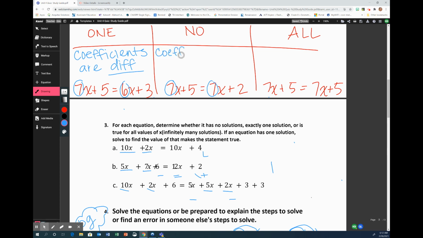Coefficients are the same, but constants are different. For all solutions, everything's the same. Exactly the same. If you didn't have those notes already, please take those notes. You need those notes for several different problems on your study guide and on your test.